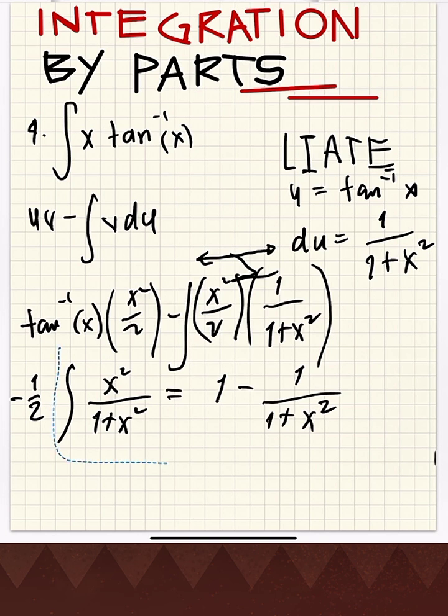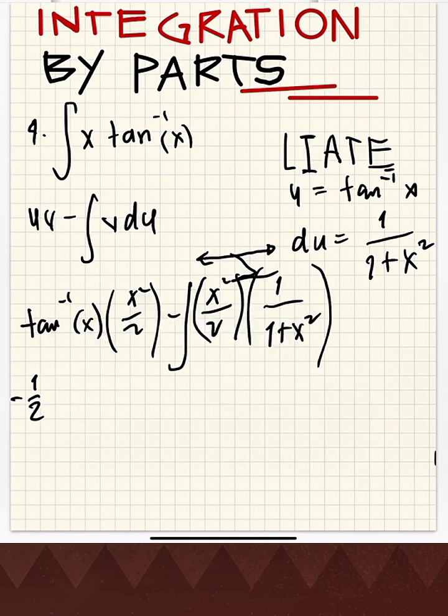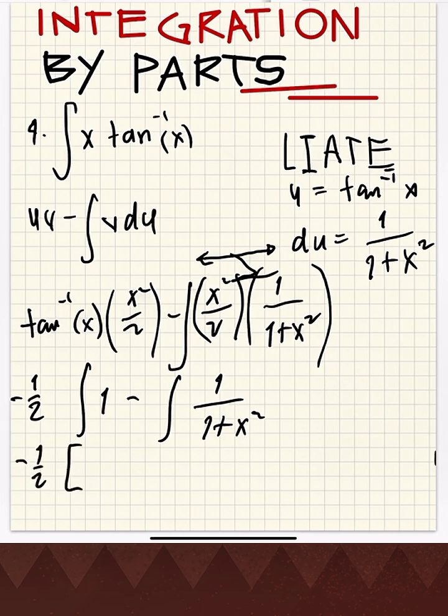So the answer would be integral of 1 minus the integral of 1 over 1 plus x squared. The integral of 1 will be x, and the integral of 1 over 1 plus x squared is arctangent x. Then distribute the negative 1/2 to x minus arctangent x.